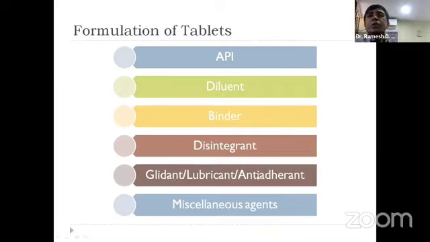Actually, glidant, lubricant, and anti-adherents are different, but normally they are discussed together because there is a very thin boundary between their actions. The majority of the agents which are used as glidant can also be used as lubricant and anti-adherent, and vice versa. And that's why we are classifying them together.